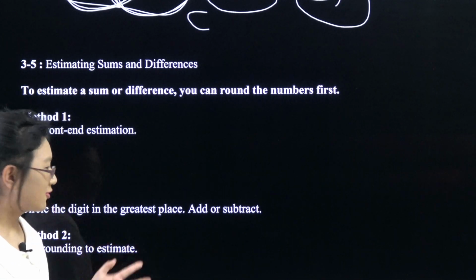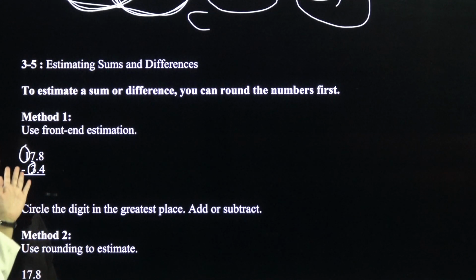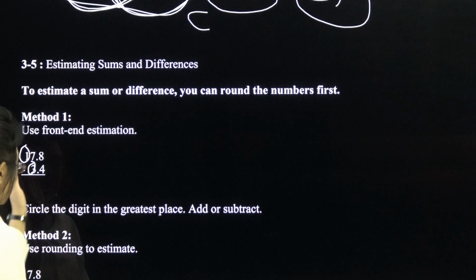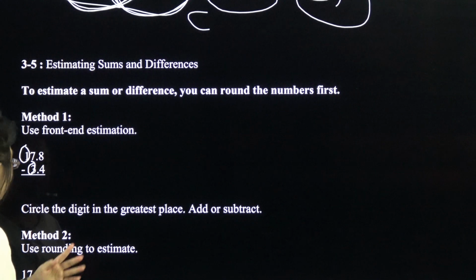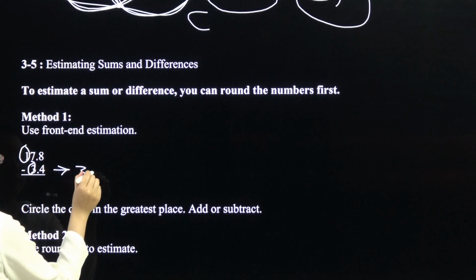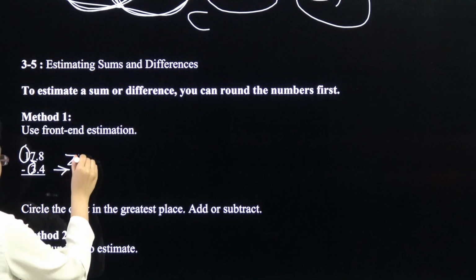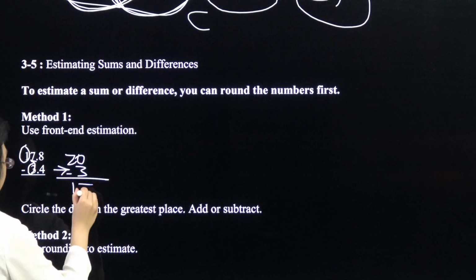So I don't really like this one, but I'm still going to show it to you. So you just go to the greatest digit, well, leftmost digit, of each number, and then round to that. So here you'd be rounding down to 3, and here it's a 7, so you're rounding up to 20. 20 minus 3 equals 17.